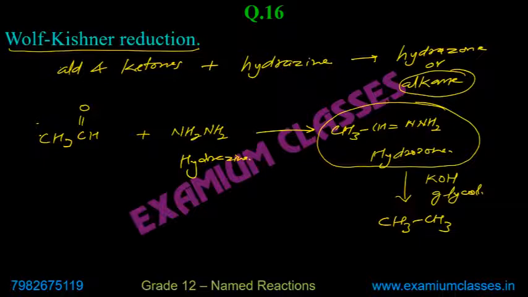So if you don't know this step, there will be a problem. So hydrazone will be formed from hydrazine. After that, if you want to get alkane, you will get it reacted with KOH and glycol.